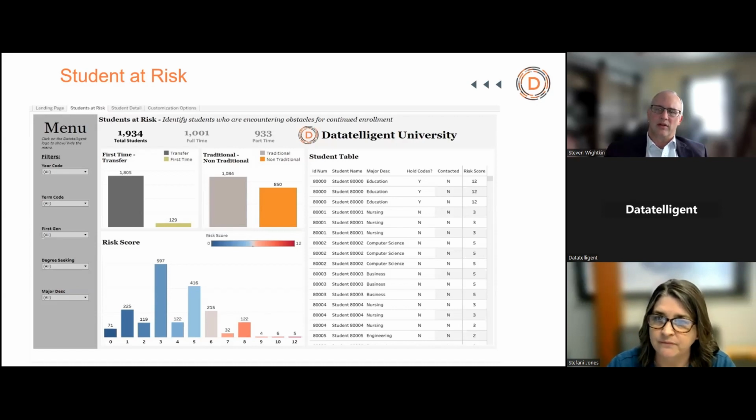Great. And you did mention that previously a lot of this was retrospective, meaning you would develop those kinds of reports at the end of the term to see what to do, correct? Yeah. And some of the information, like the risk features, we didn't have those. So being able to identify students who might have some risk value associated so that the advisors could reach out proactively and try to see how they could help, we didn't have those in place.